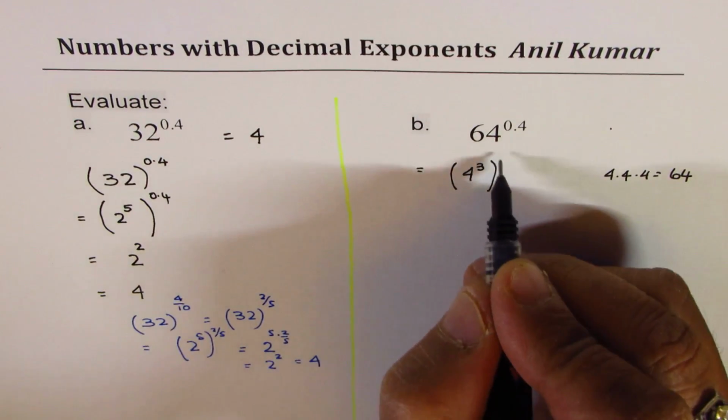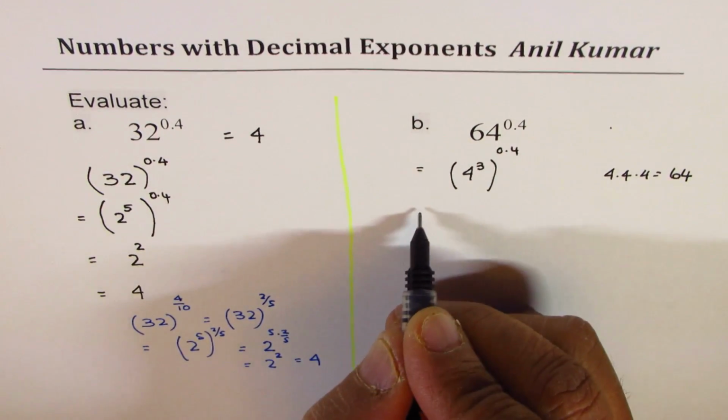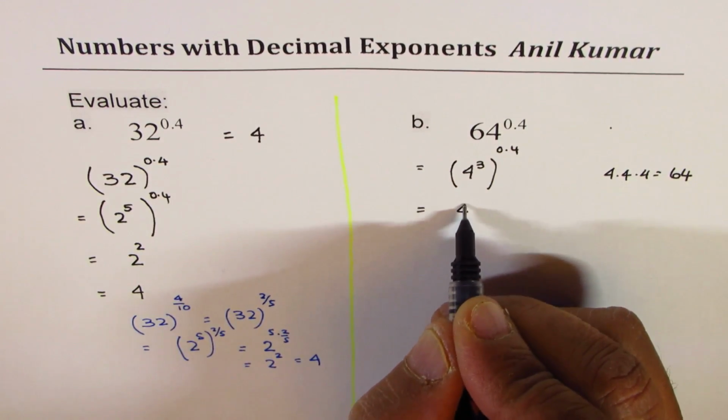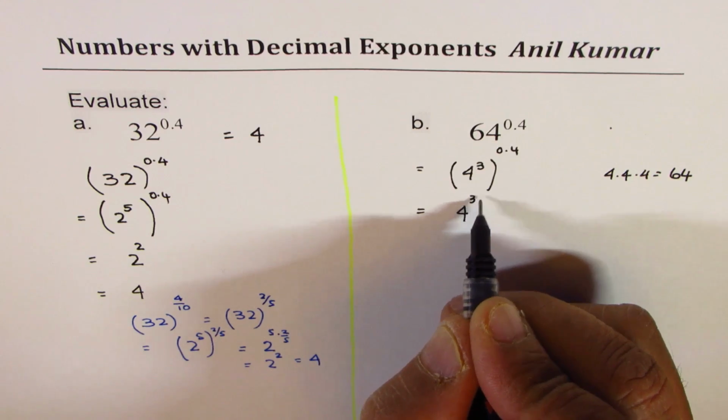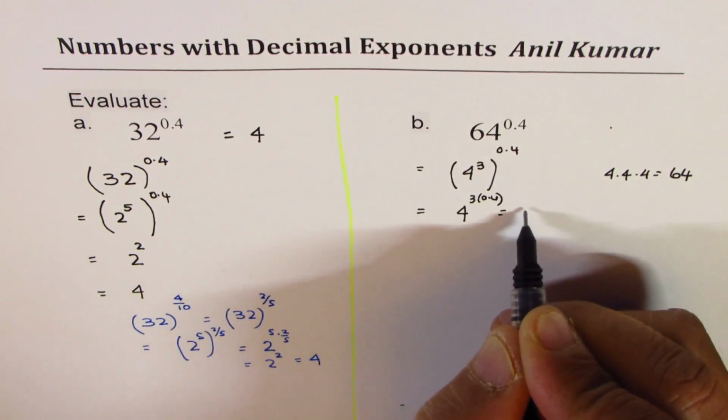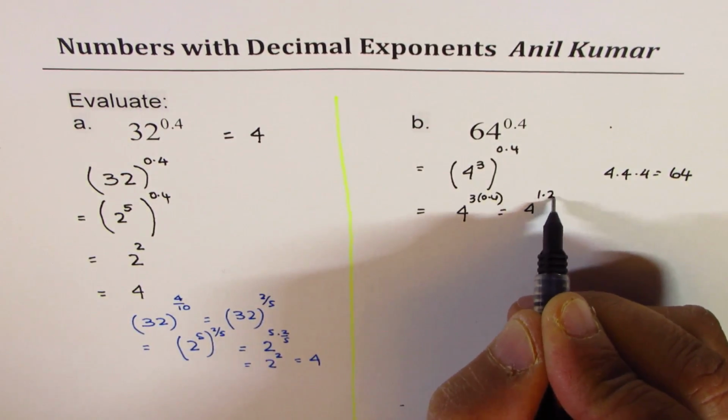So I could write this as 4 cubed to the power of 0.4. And now if I multiply this, I get 3 times 0.4, which is 4 to the power of 1.2.